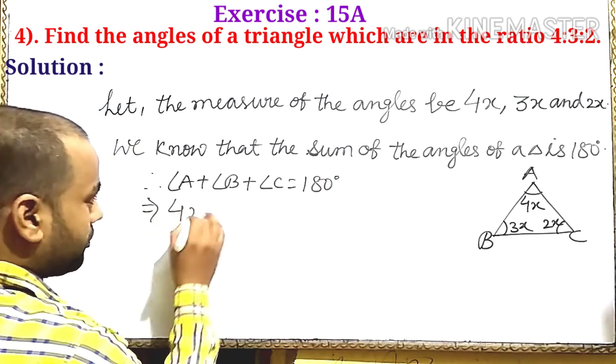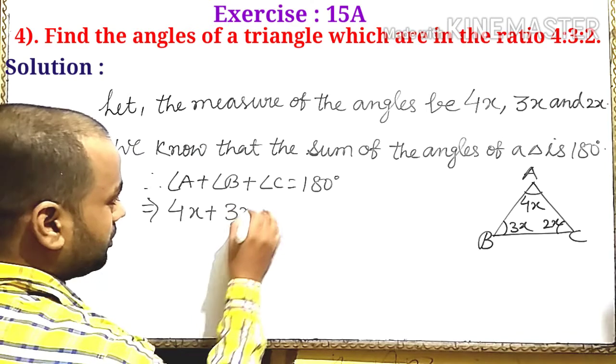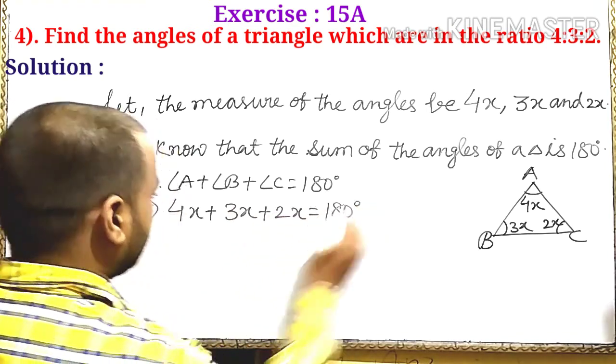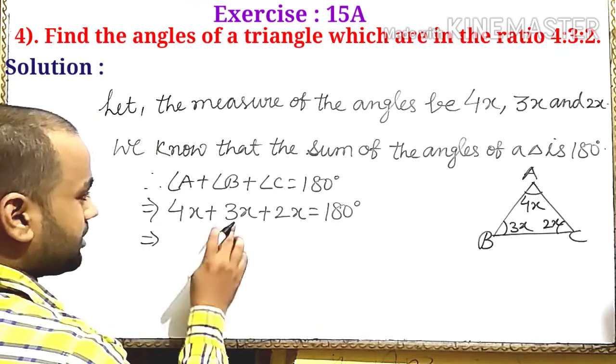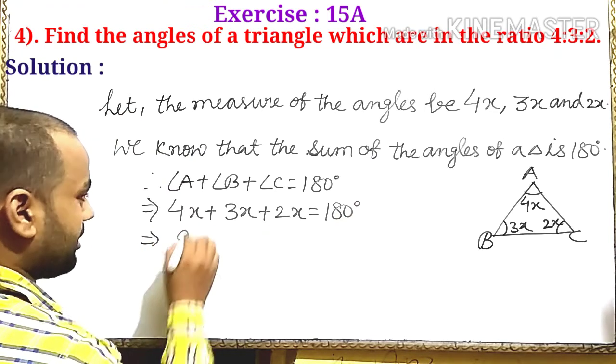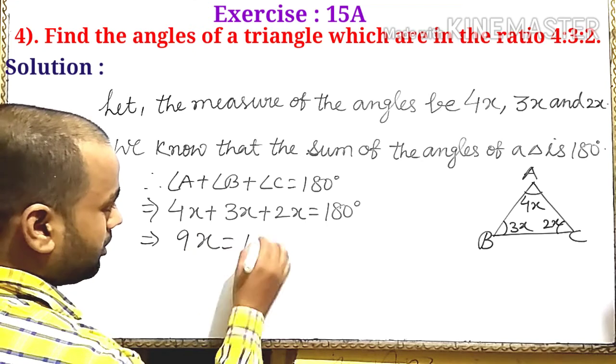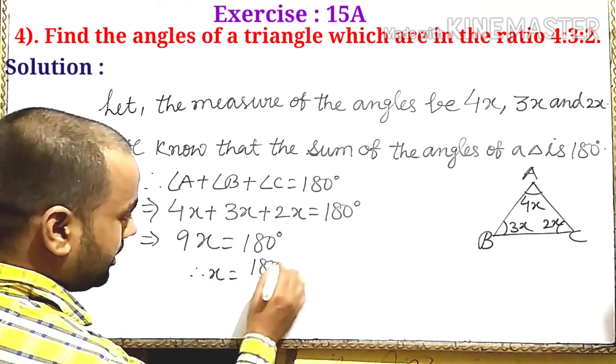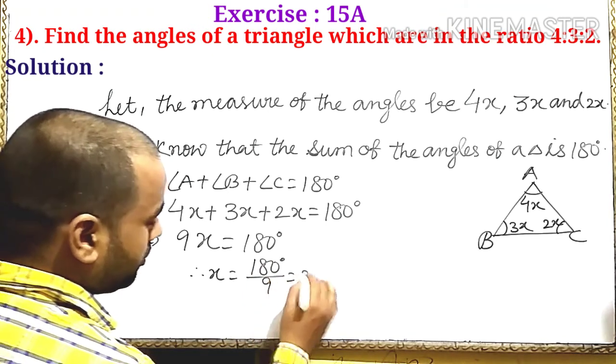Angle A is 4x, angle B is 3x, angle C is 2x, equal to 180 degree. 4 plus 3 plus 2 means 9x is equal to 180 degree. Therefore, x is equal to 180 upon 9, which is 20 degree.